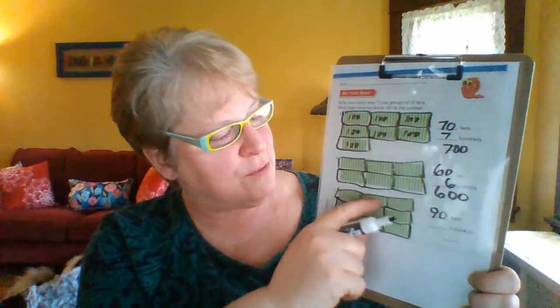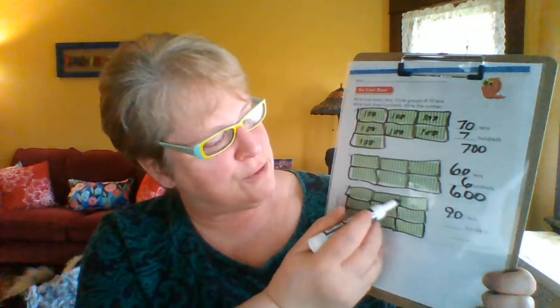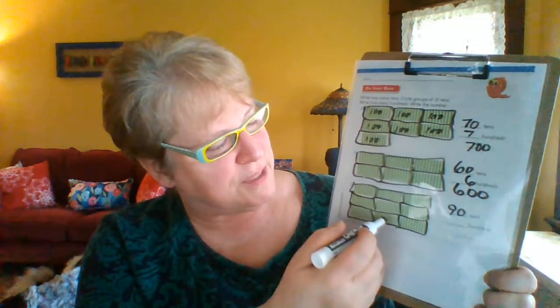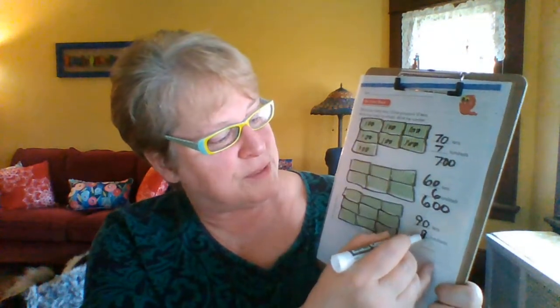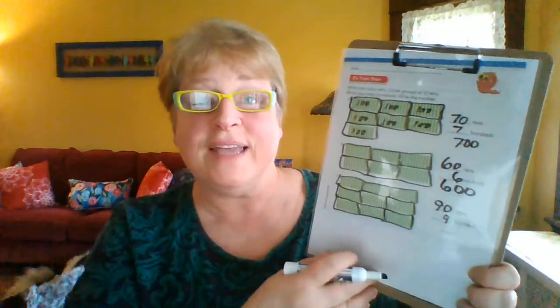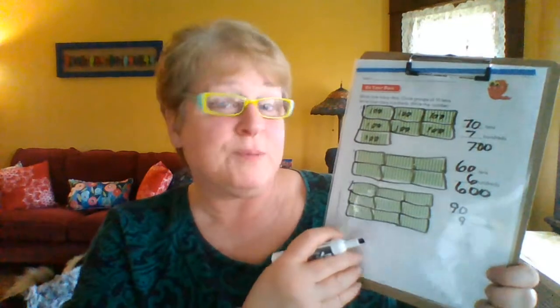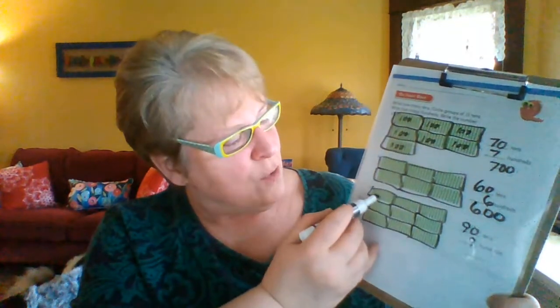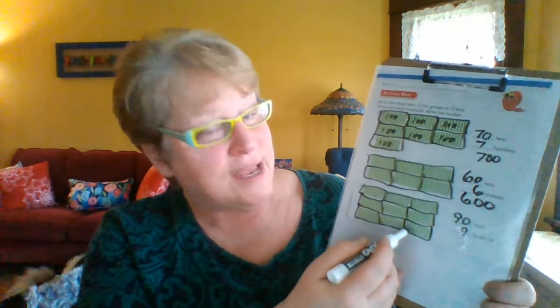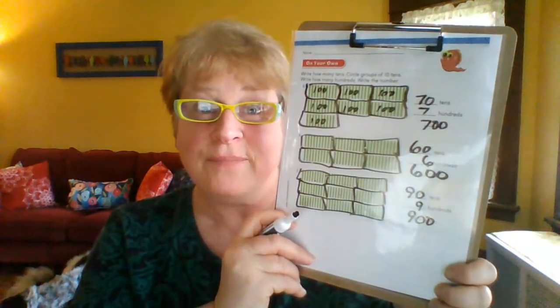Each of these equals 100. 1 group, 2 groups, 3 groups, 4 groups, 5 groups, 6 groups, 7 groups, 8 groups, 9 groups of 100. And then how much do we have all together? Now we're going to count each group as 100. 100, 200, 300, 400, 500, 600, 700, 800, 900. We have 900 right there.